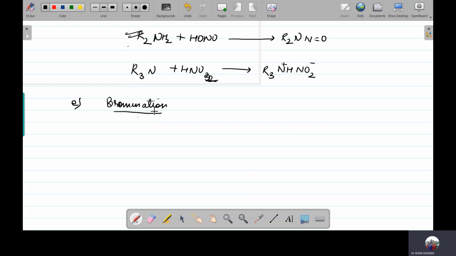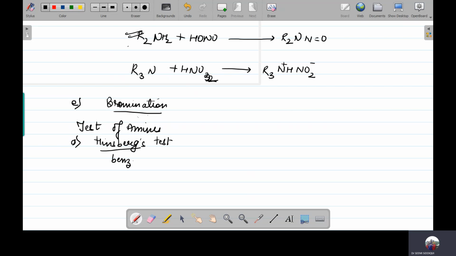Coming to the tests of the amines. Now, when we go for the tests of the amines, the very first test is the Hinsberg test. In Hinsberg's test, the amine is treated with Hinsberg reagent. Now, what is the Hinsberg reagent?